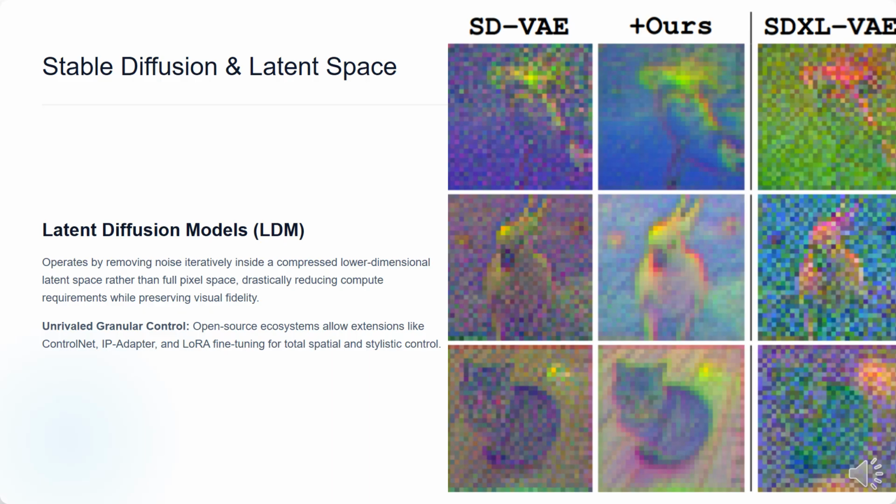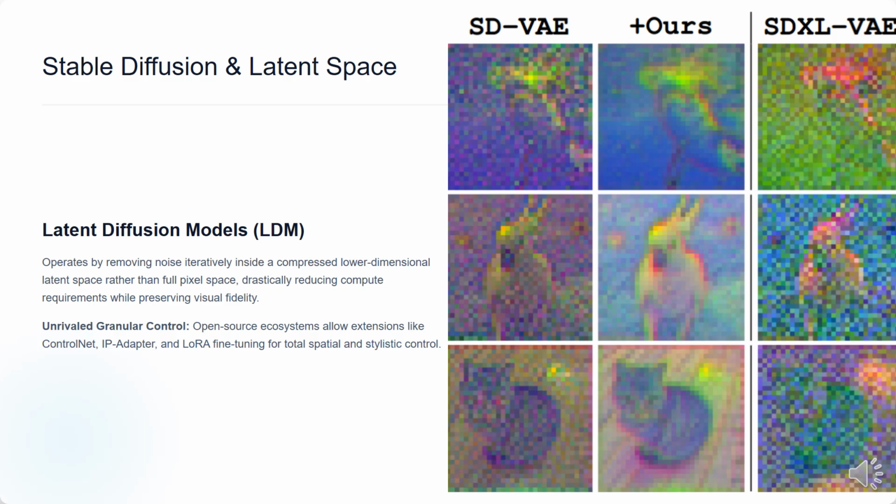Next, we have Stable Diffusion. Stable Diffusion uses an approach called a latent diffusion model. To understand this, we first need to understand the idea of latent space. Instead of processing every individual pixel directly, the model works with a compressed representation of the image called the latent space.